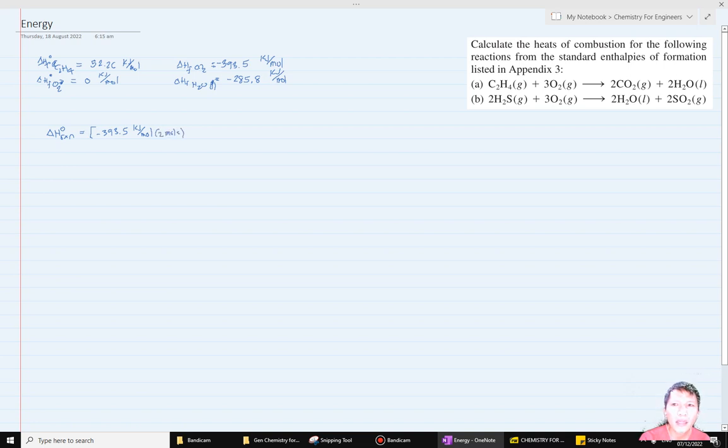And then another product is water. You can see that it is liquid because there are 2 listings of water usually in the table, the liquid and the gas, because they have different heats of formation. So you have plus, because the equation is the summation of heats of formation of these particular compounds at standard states.